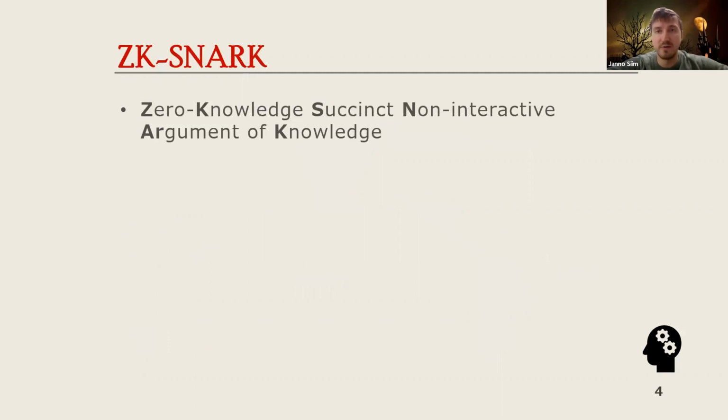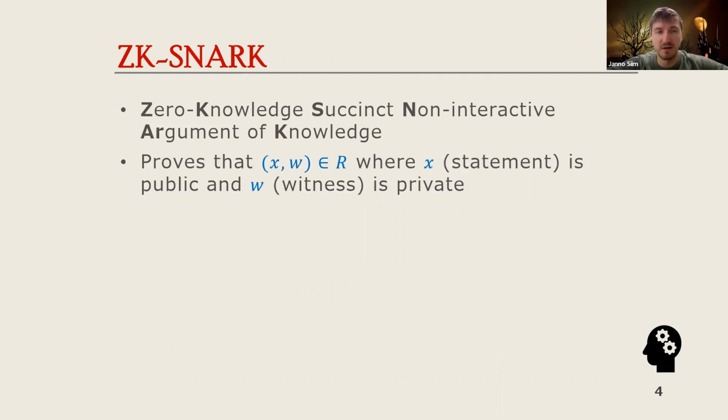In particular, we will focus on ZK-SNARKs in this work. This stands for zero knowledge, succinct, non-interactive argument of knowledge. There is some relation, and the prover claims that X and W satisfy this relation.